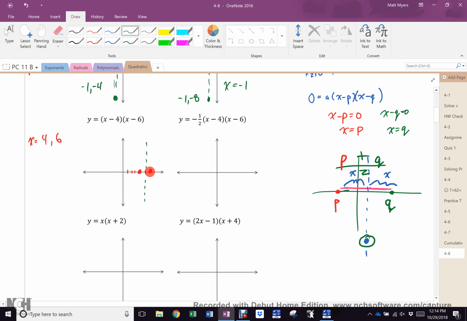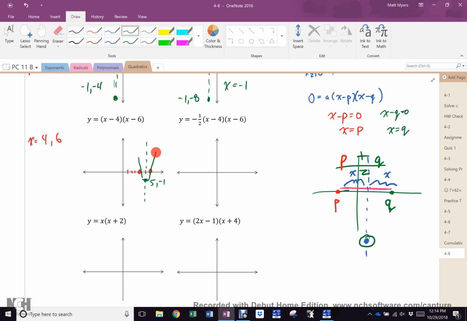I have one of my points. So I have to reverse it, don't I? So I go left 1 and down 1, because there's no stretch. And what is that point right there? 5, -1. And I draw my parabola. Any questions? Can everybody find it with counting?